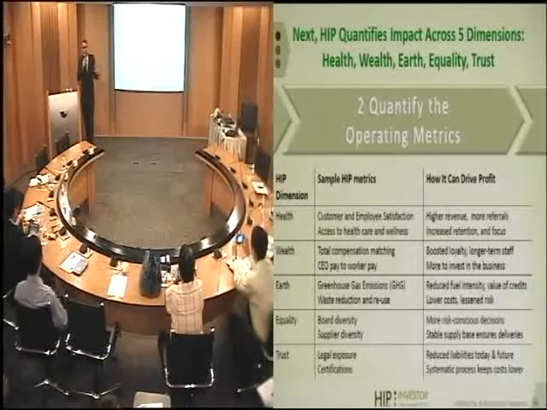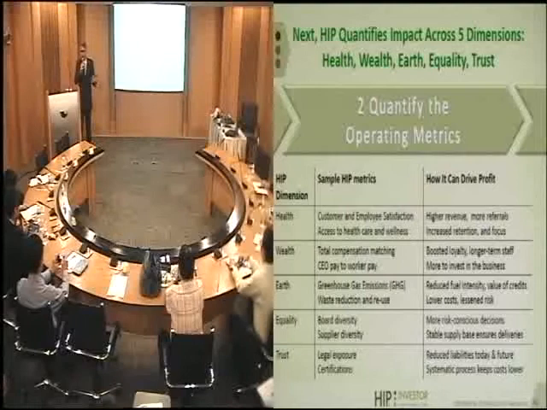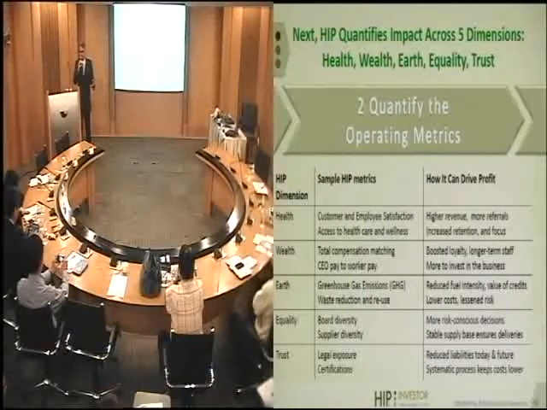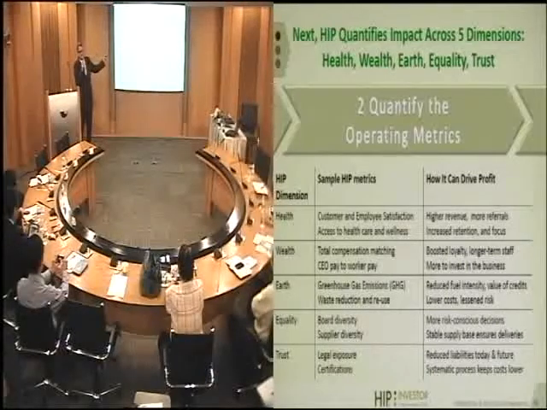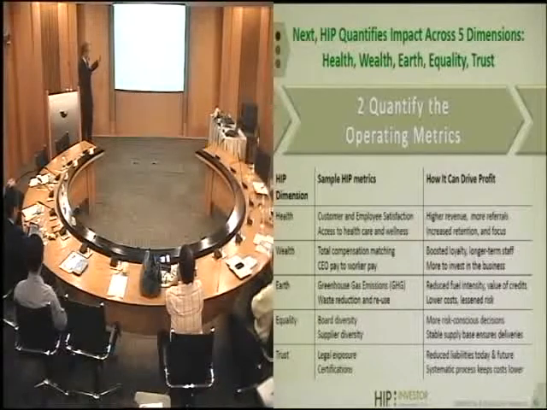What we've done is we've taken these quantifiable factors from the 7,000 companies over going on 10 years now of data, and we've done regression analysis and back tests on how these factors connect to cash flow and shareholder value.